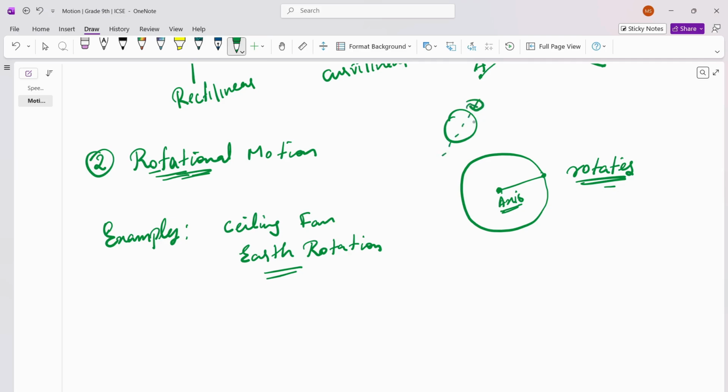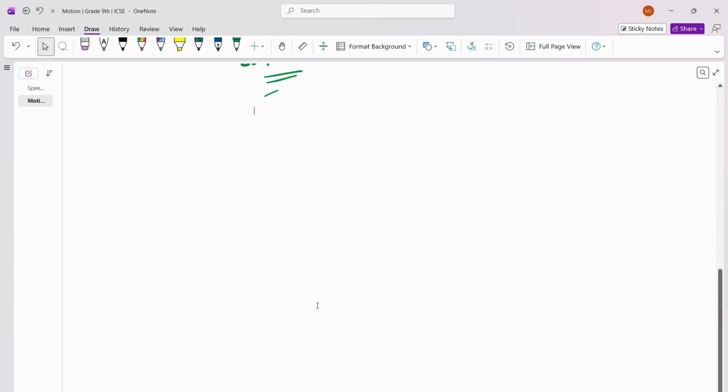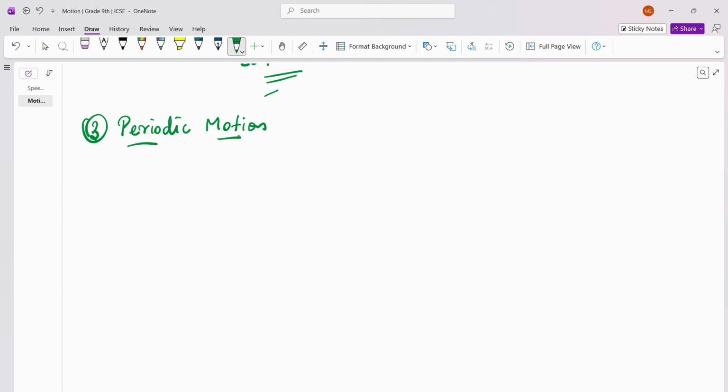So we have a third type of motion now, called the periodic motion. Pretty interesting type of motion, if you ask me. So what does periodic motion mean? A motion that repeats after equal intervals of time.